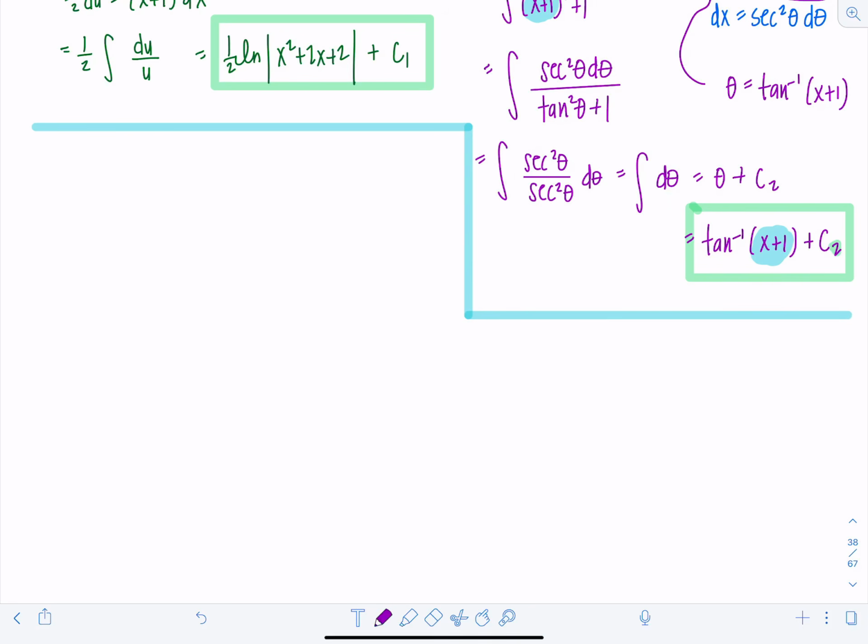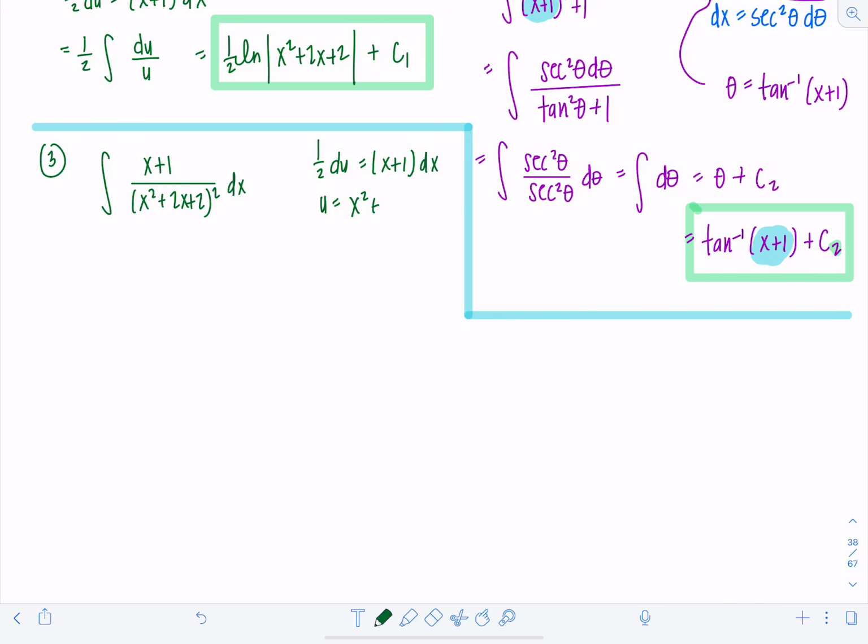What was integral number 3? Integral number 3 was x plus 1 over x squared plus 2x plus 2 squared dx. And remember, we already found earlier that 1/2 du was going to equal x plus 1 dx. Remember, we were letting u equal x squared plus 2x plus 2. So this one's just a little different because we have that squared term in the denominator. So what does that mean for us?